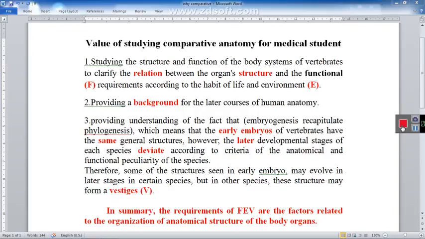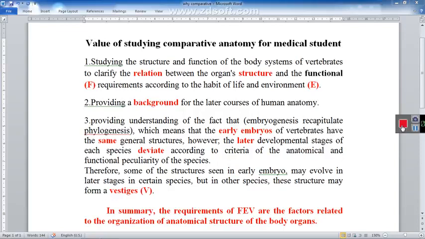And what's going on is that in later embryonic stages, in later developmental stages, the body structures of the embryo will deviate according to the criteria of that species, and therefore the later stages of embryonic development will show anatomical and functional modification according to the peculiarity of that species.